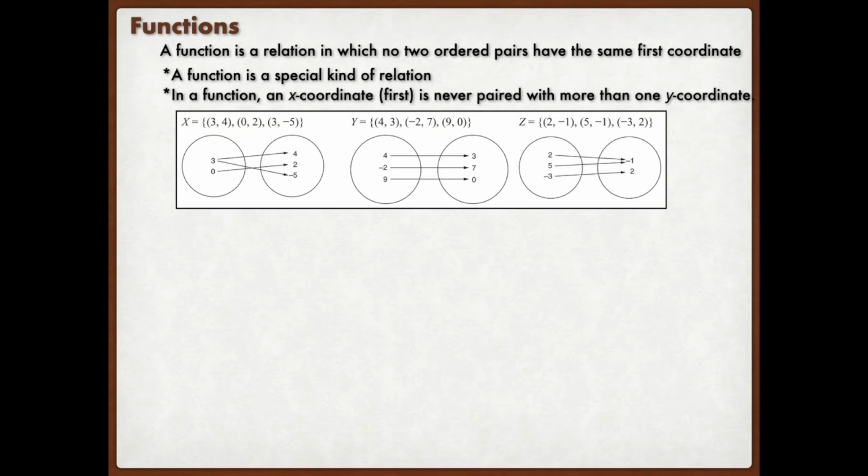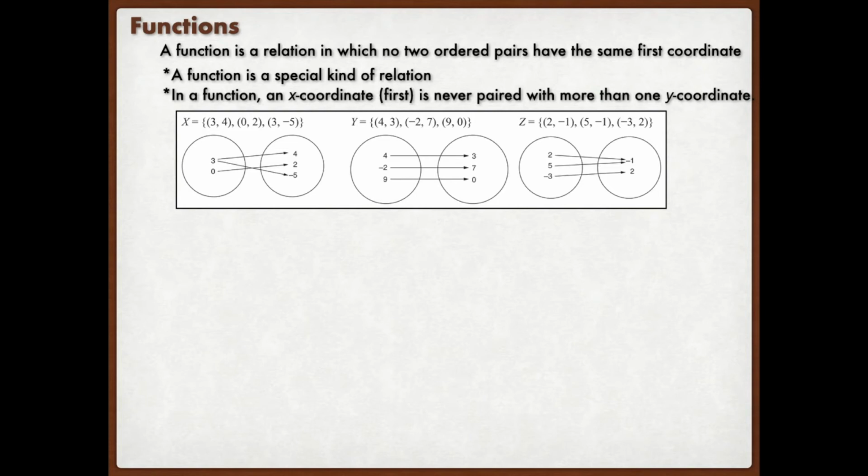So a function is a special kind of relation, and this is going to focus on the x coordinate, that first one, is not paired up with more than one y coordinate. So let's take a look at the 3 little examples here. We have the x circle map, the y circle map, and the z circle map.